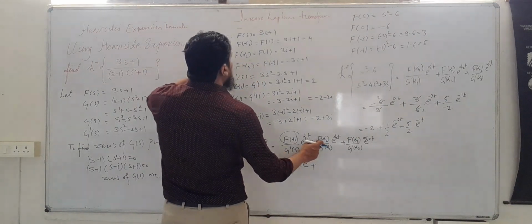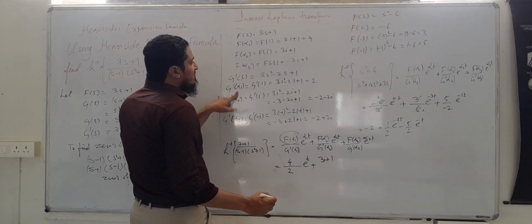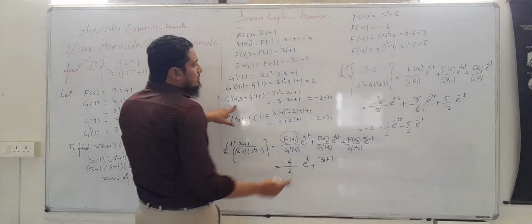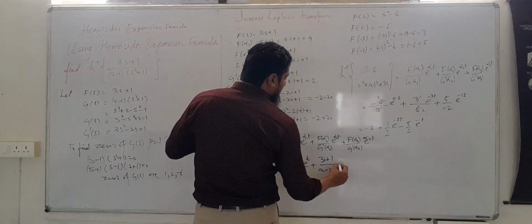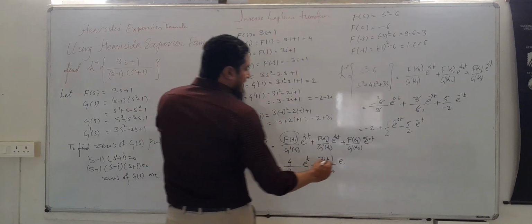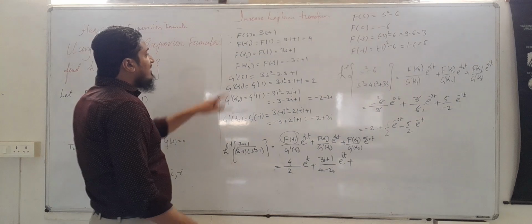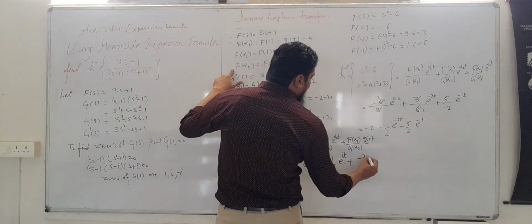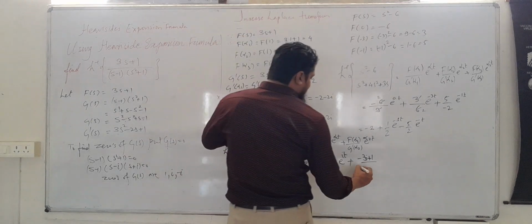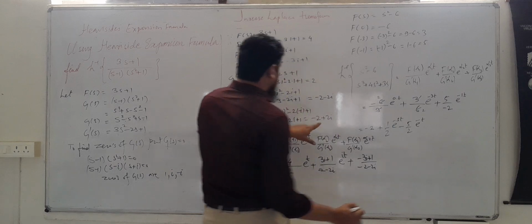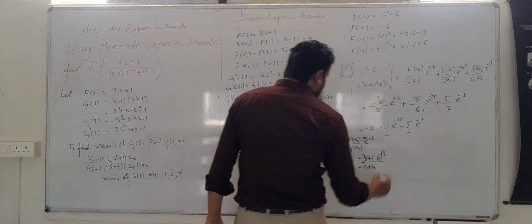Now f of alpha 2 is 3i plus 1, and g dash of alpha 2 will give us minus 2 minus 2i, e raised to it, plus f of alpha 3, that is minus 3i plus 1, upon g dash of alpha 3, that is minus 2 plus 2i, and e raised to minus it.